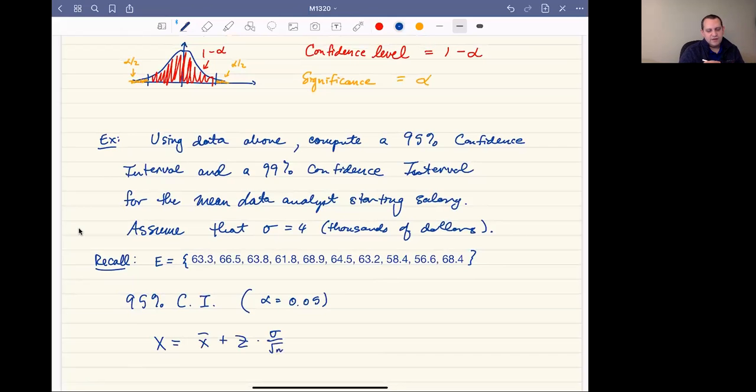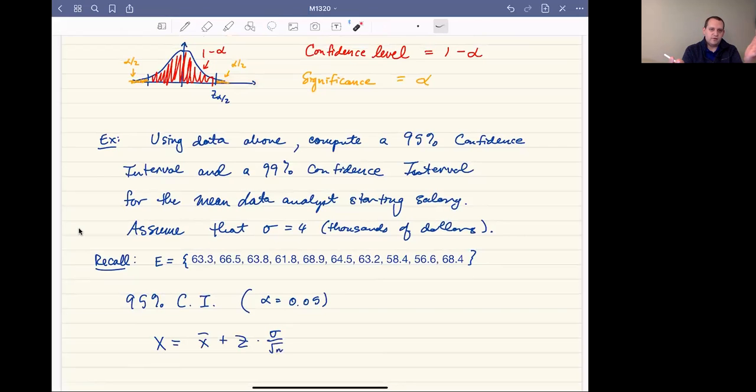Now the z value, the z cutoff, is the cutoff such that the area under the curve to the right of that cutoff is alpha over 2. For a confidence interval, we're going to have two sides to it.